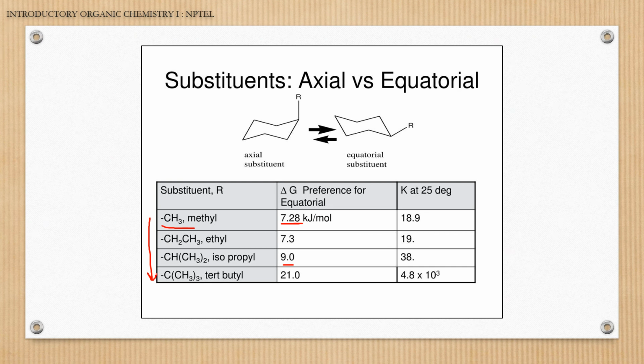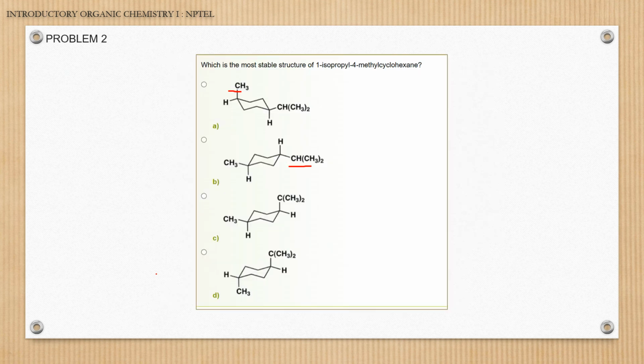So whenever you have a choice... in this case there is no choice. The stereochemistry is not mentioned, so you are placing both substituents at the equatorial position. But if you have a choice to put one at axial and one at equatorial, then methyl will be at axial and the isopropyl group will be at equatorial because of the bulkiness of the group. Is it understood to everyone why I'm saying this?